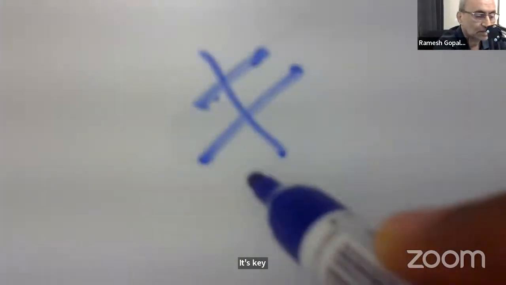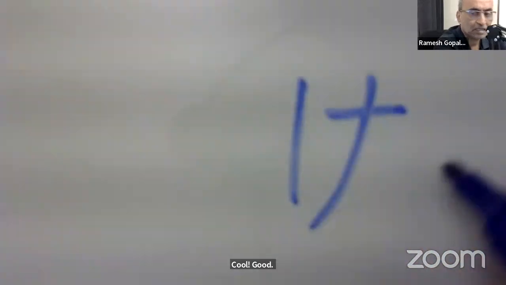This ki with 2 dots becomes gi. Then ku, gu. Ke, ge. Ko, go. As simple as that. So ka, ga, gi, gu, ge, go. Now you know how to write ga, gi, gu, ge, go.